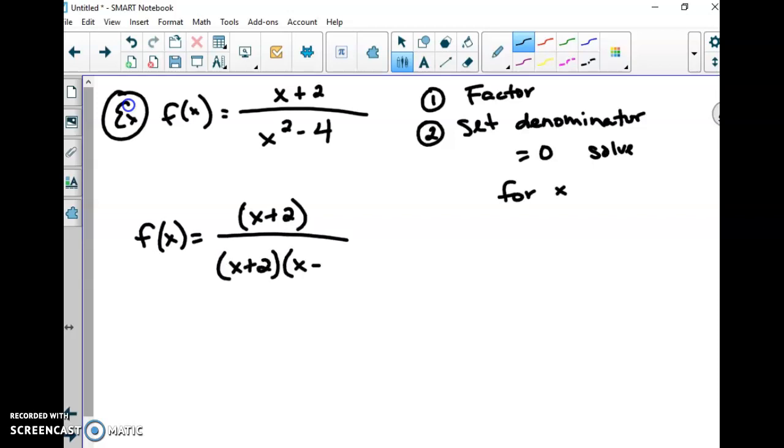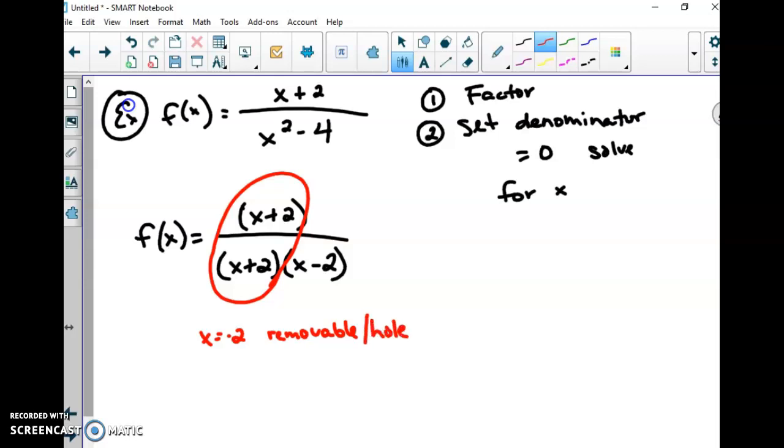Now, I am quick factoring my bottom part. If you need help with the AC factoring, research or go look up on YouTube my AC factoring. Notice the x plus 2, these are the same. Because of this, when x equals negative 2, this is a removable discontinuity, and it's not actually a vertical asymptote. However, the bottom part here, I can set that equal to 0 and find that vertical asymptote line.